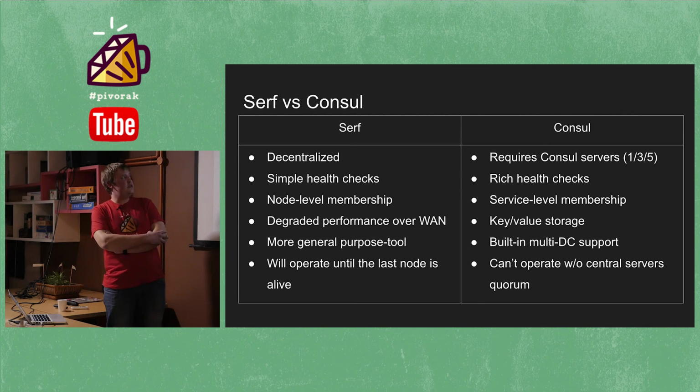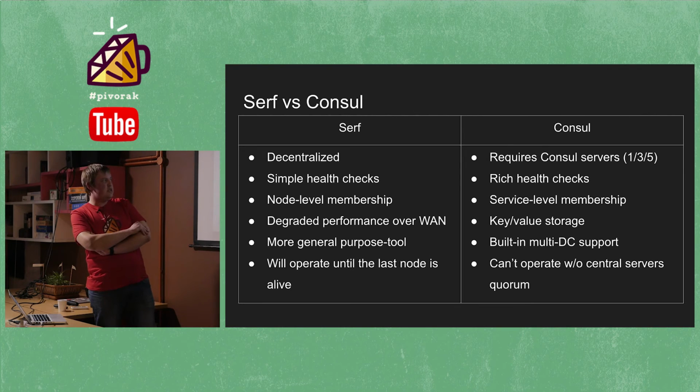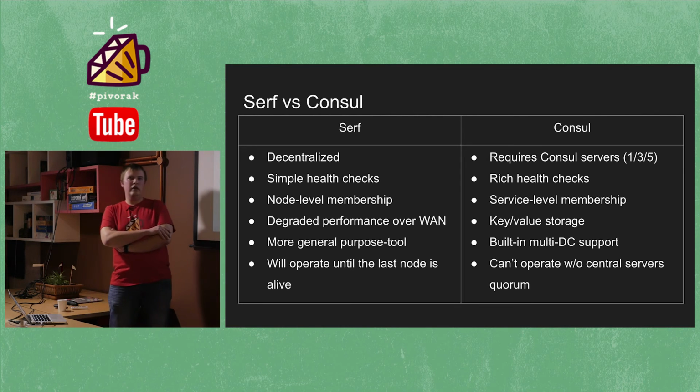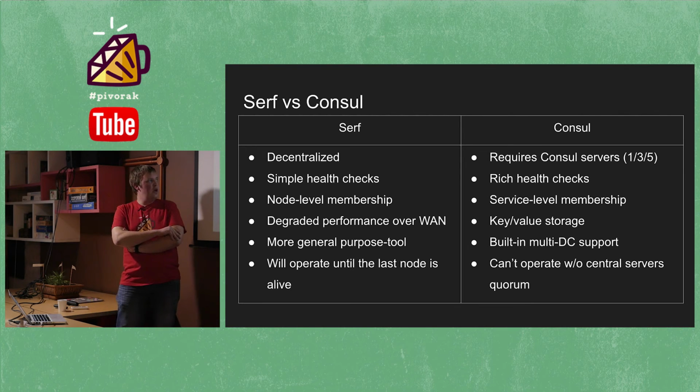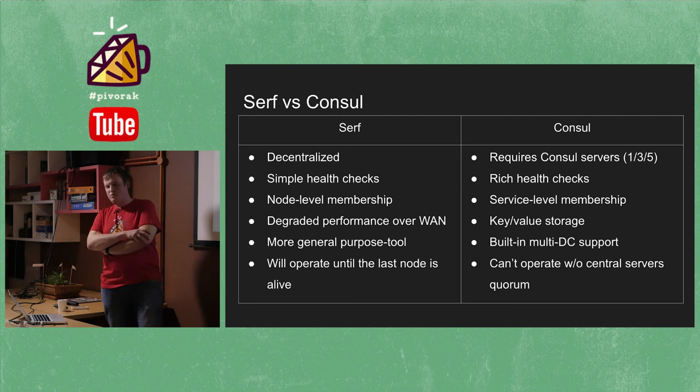By design, Serf is designed to operate only via local area networks and may work via wide area networks, but with degraded performance. Frankly speaking, Consul uses Serf as a basic layer, but encapsulates this gossip protocol to communicate among multiple data centers.